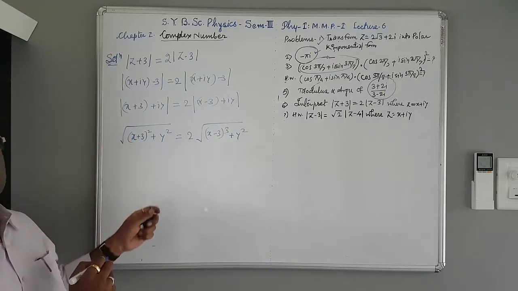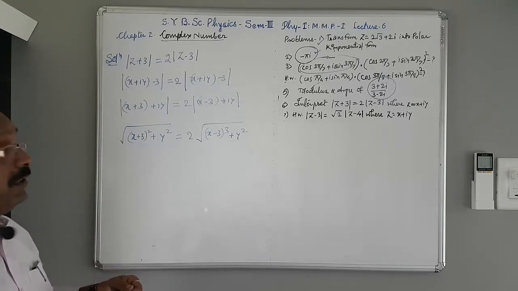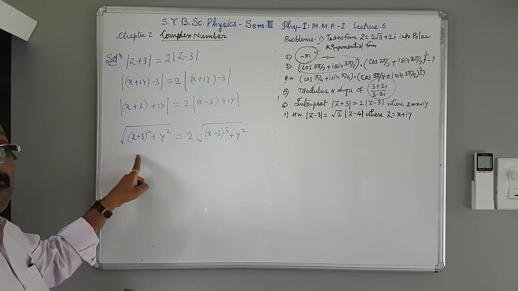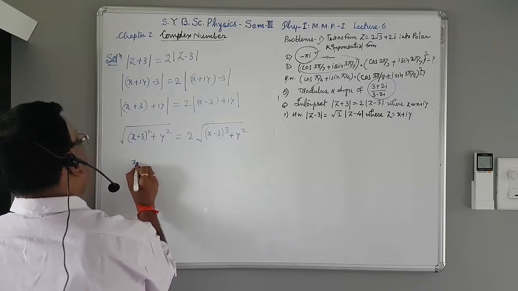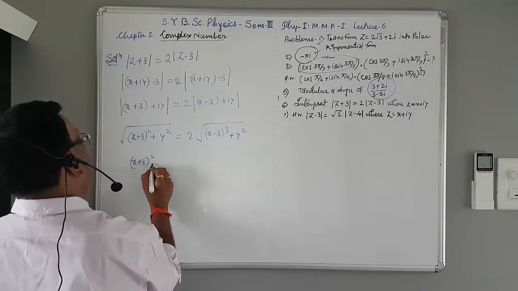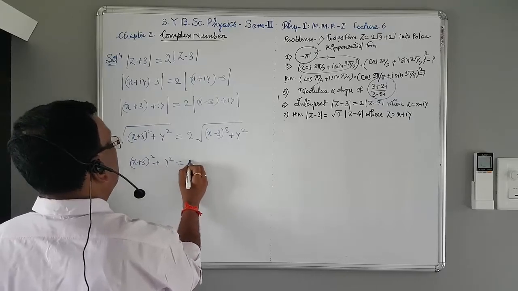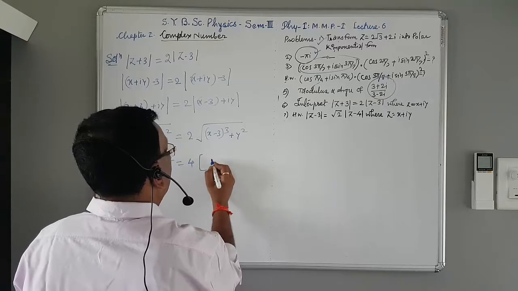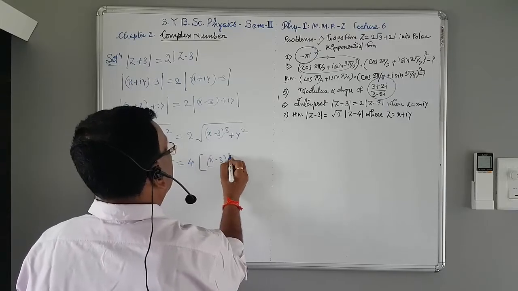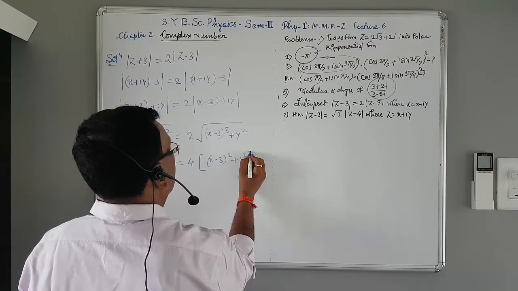Now in order to interpret this equation, take the square on LHS and RHS of this equation. We have x plus 3 square plus y square is equal to 4, the square of 2 is 4, in bracket x minus 3 square plus y square.